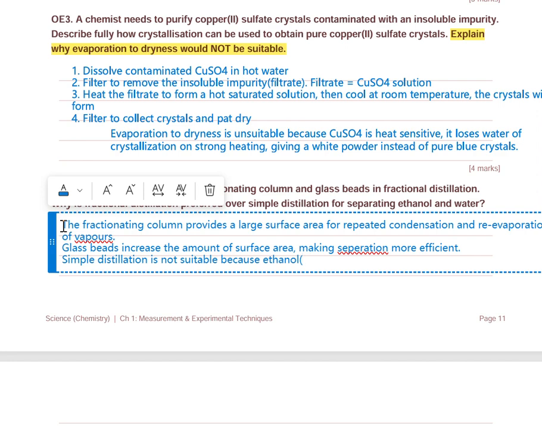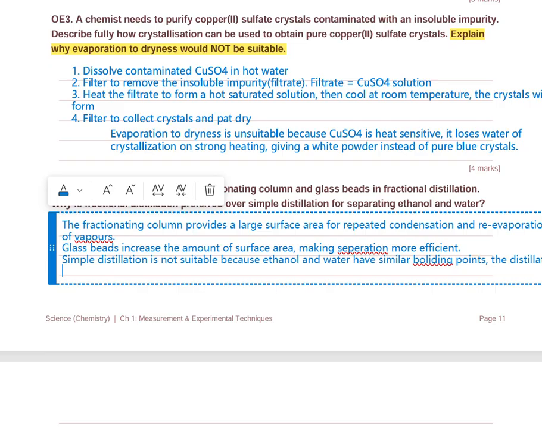Ethanol boils at about 78 degrees Celsius if I'm not wrong, and water has a similar boiling point. The distillate would be a mixture of both.